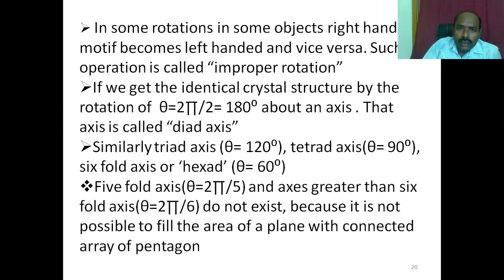What we have discussed now does not occur in all crystals or objects. In certain objects, a right-handed motif becomes left-handed and vice versa. Such an operation is called improper rotation.